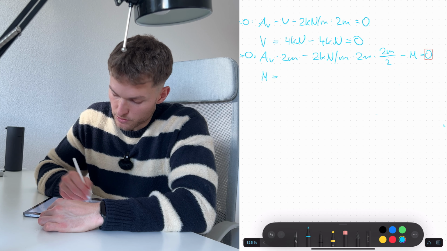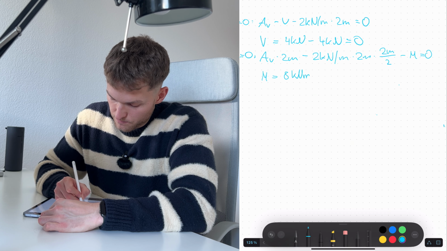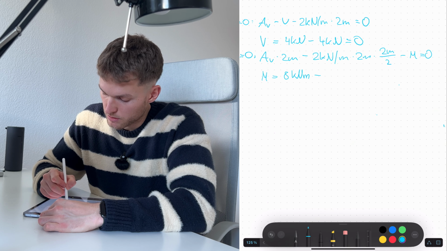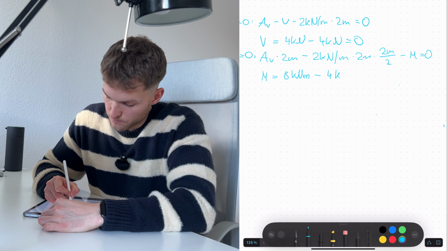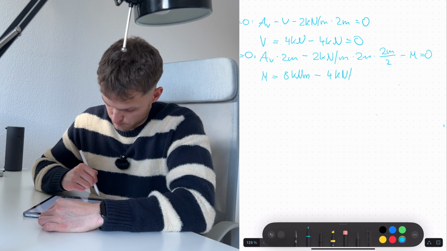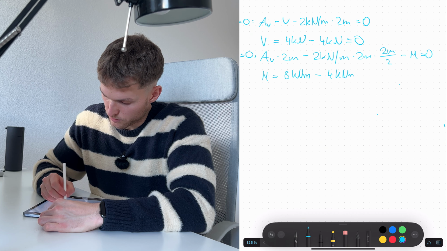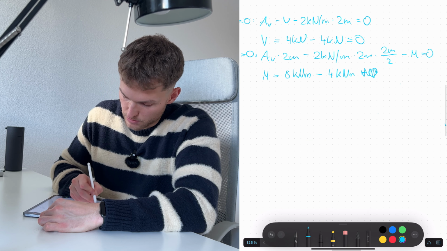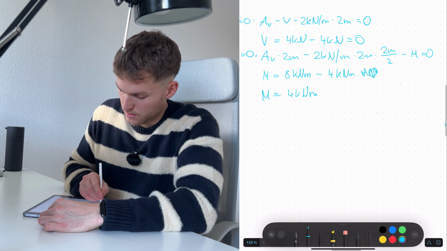AV is 4 kilonewton times 2 meter is 8 kilonewton meter, minus 2 kilonewton per meter times 2 meter times 1 meter equals 4 kilonewton meter. 2 times 2 is 4, yes, equals 0. Sorry, not equal, but this means that our moment is 4 kilonewton meter.